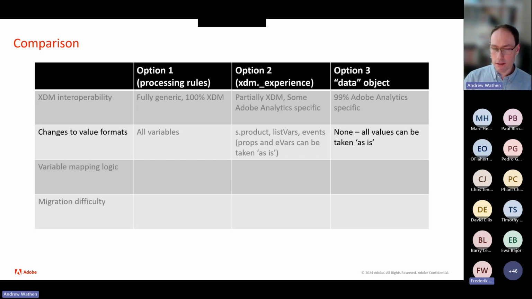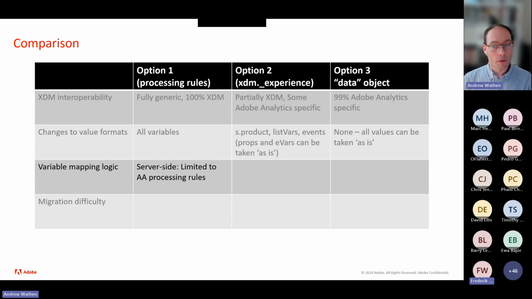Mapping logic, and this is an important one. With option 1, you are basically limiting yourself to doing a lot of the logic to get things back into an Adobe Analytics acceptable format server side. So the issues with that are processing rules can be quite limiting. Personally, this is the reason why we didn't do option 1.